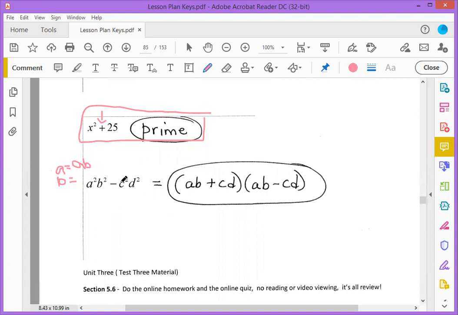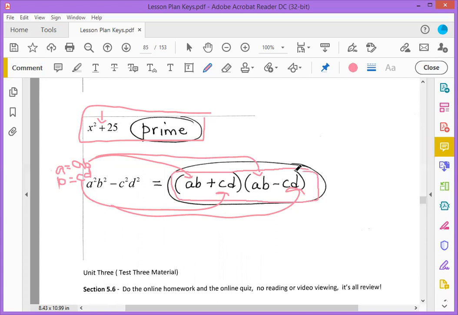And the b term, c squared d squared, we're squaring cd to get that second term. So we factor using ab plus and ab minus, and then put your cd in place of the second term. But this is our answer: ab plus cd times ab minus cd. Now this is the last example. We're going to stop here.